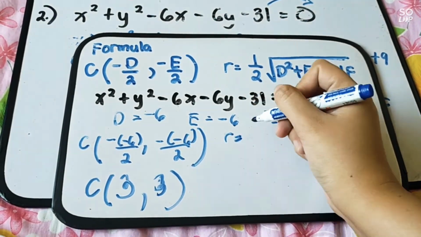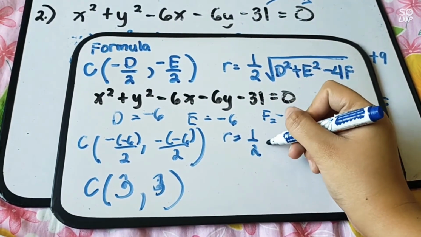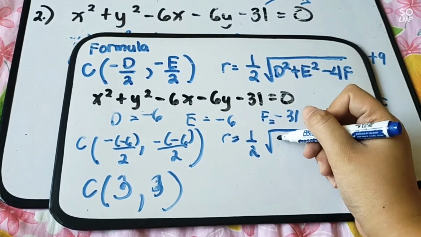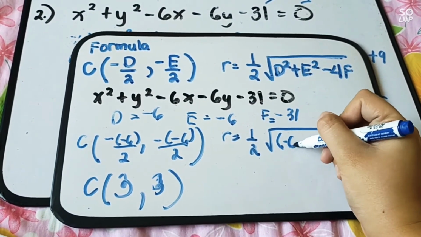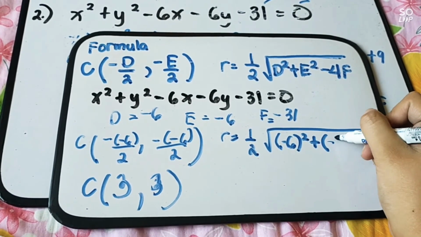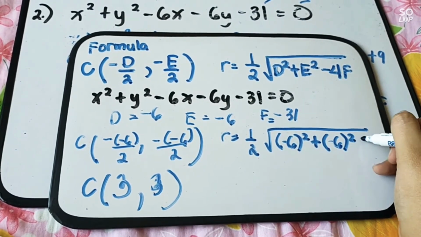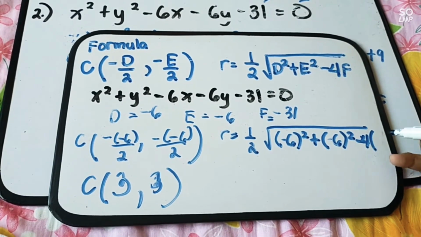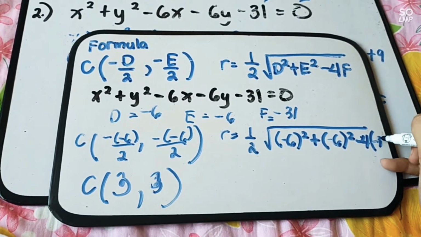Let's have the radius. So, we have R is equal to 1/2 of the square root of, our D again is negative 6 squared, plus our E is negative 6 again squared, minus 4 times your F, which is negative 31.